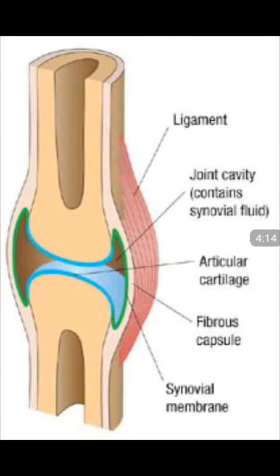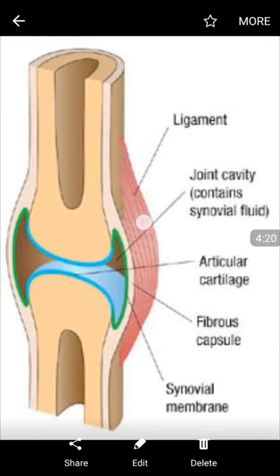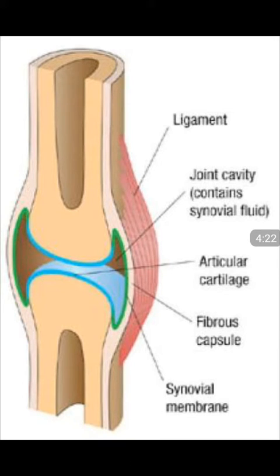So a ligament is a thickening of a capsule on the anterior, posterior, medial or lateral aspect. In a way, the capsule gets thick on some aspects and remains thin on others. So that's why we call that thickened capsule a ligament.